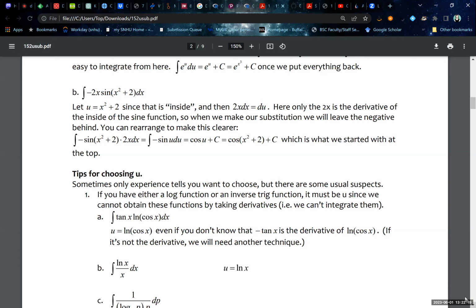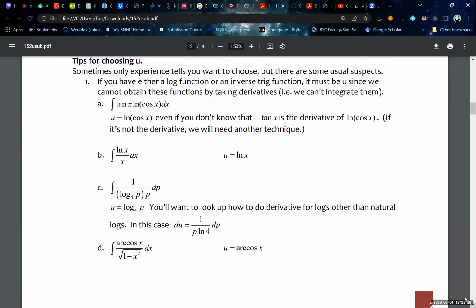Now, as examples go, these are pretty straightforward, but I wanted to also include some tips for choosing u. So I put together another list of a couple different problems that we can think about in terms of how do I know what to choose to be u and what not to choose to be u.